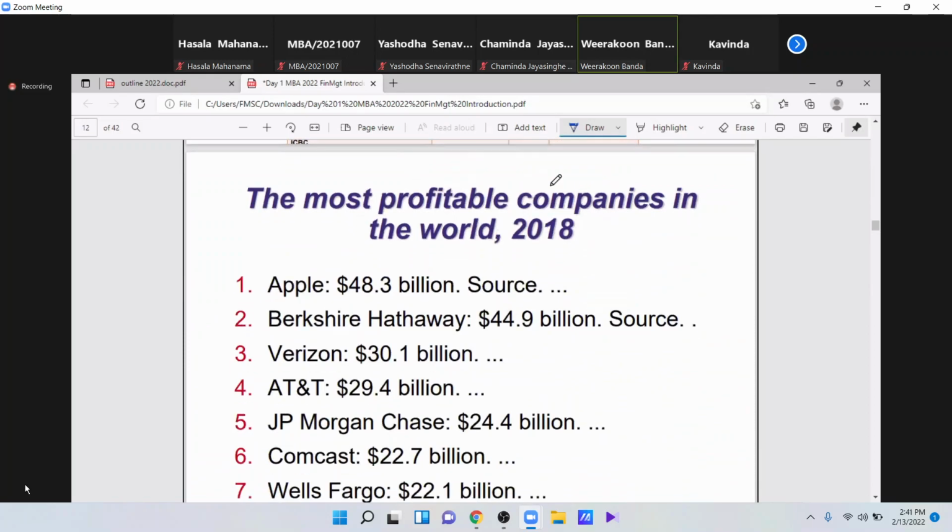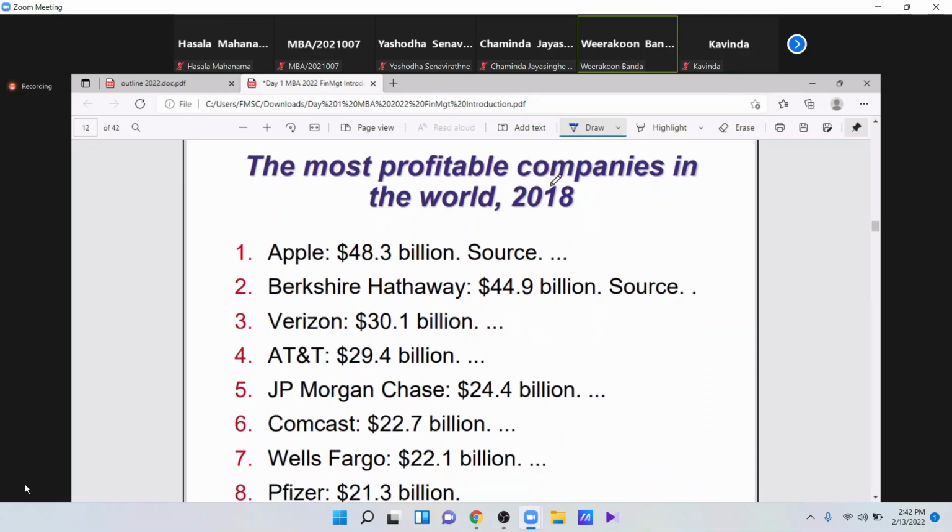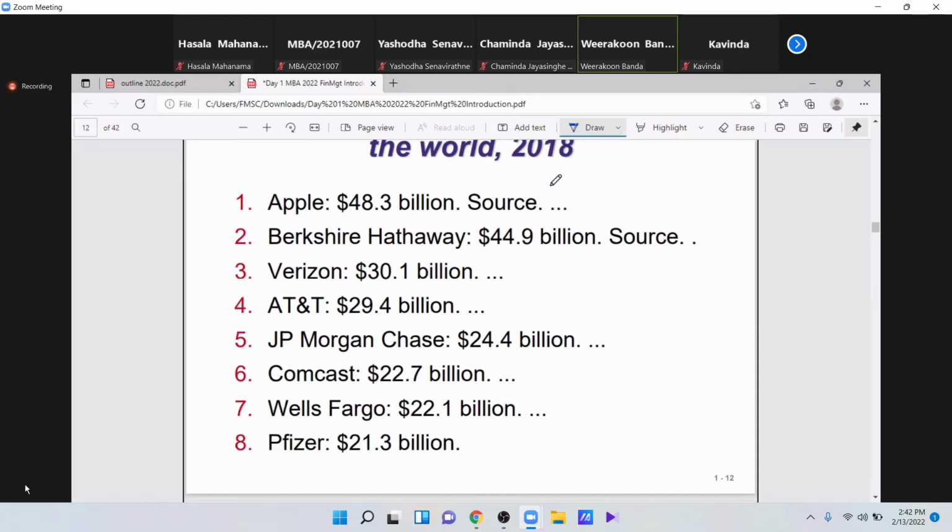Then here it indicates the most profitable companies in the world in 2018, depending on their profit level. Apple, 48.3 billion. Berkshire Hathaway, 44.9 billion. Verizon, AT&T, JP Morgan Chase, Comcast, Wells Fargo, Pfizer, 21.3 billion based on their profit.